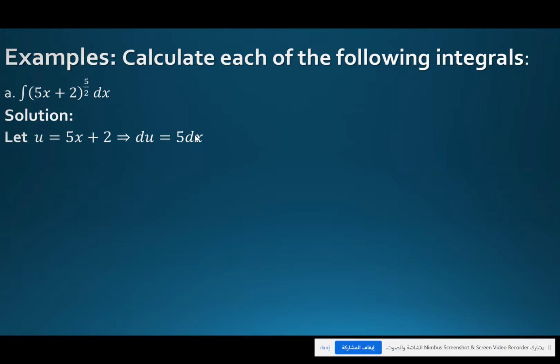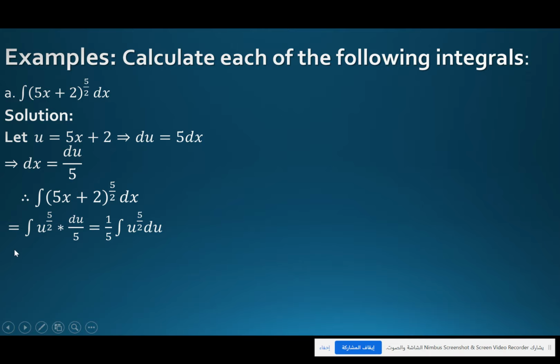Now we need to make dx the subject: dx equals du over 5. Then replace it in the integration, exactly like that: integration of u to the power of 5 over 2 times du over 5.